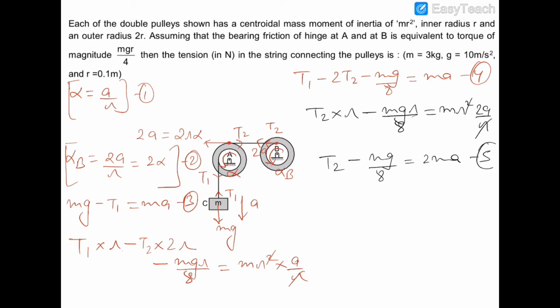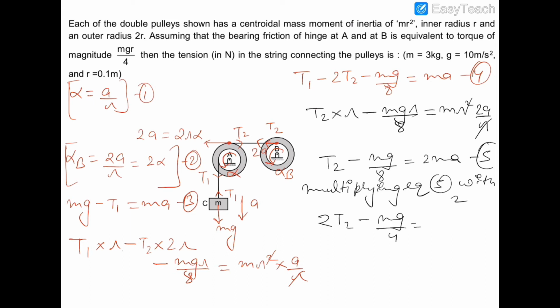Now we can multiply this equation 5 with 2. I'm not saying multiplying equation 5 with equation 2. I'm multiplying this complete equation with a factor of 2. So this would be 2T2 minus mg by 4 is equal to 4ma. So this is equation number 6.